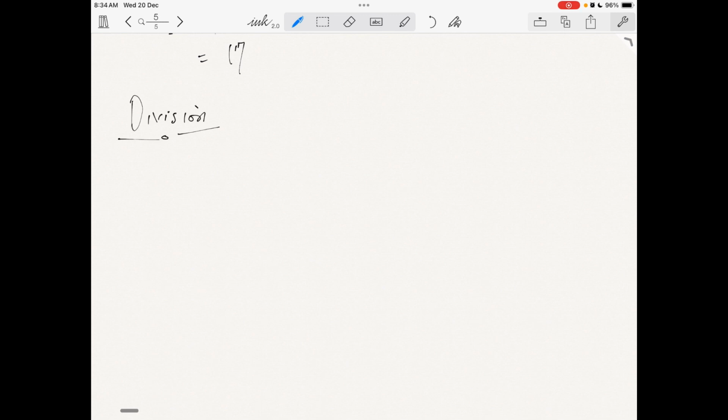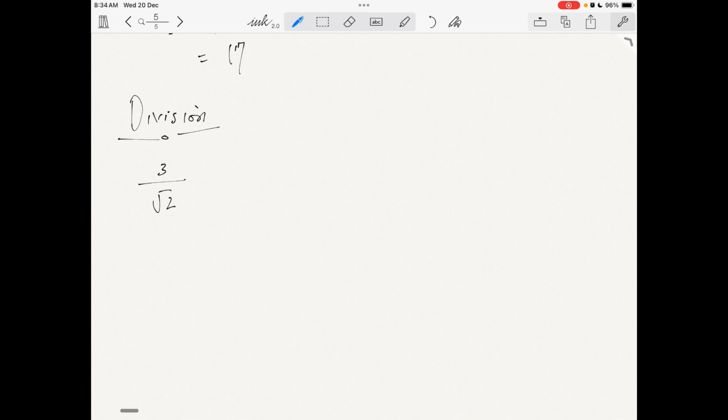Okay, and most of the time when we have surds, consider the surd root 3 over root 2. Now the surd root 3 over root 2 is an inexact irrational number being divided by an exact rational number.